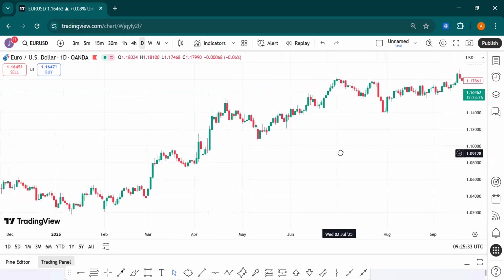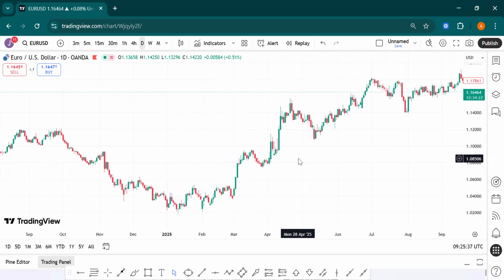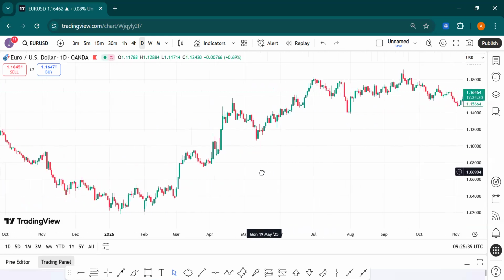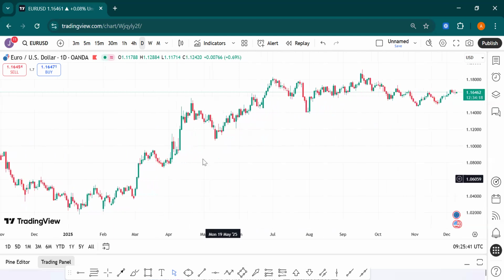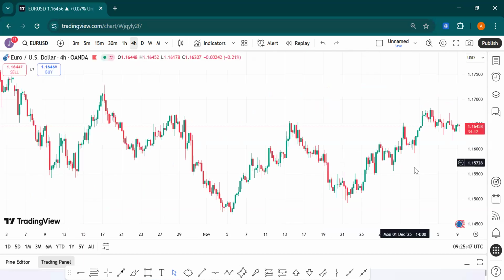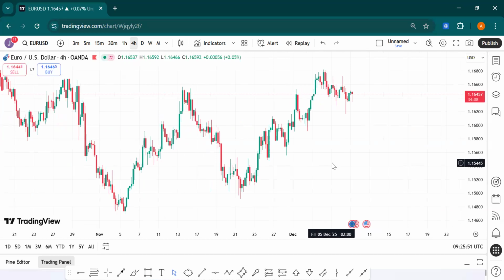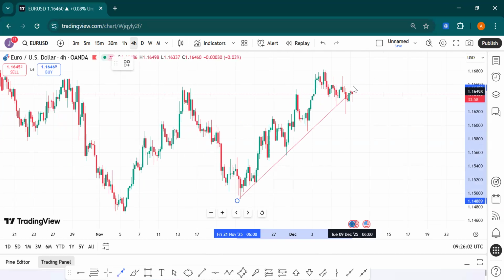So back to what we just talked about. We're going to look at examples of higher highs and higher lows. This is Euro USD. Let me do this on the 4-hour time frame. Okay. So now this is Euro USD. From what we just talked about, if I take this trend line, you can easily see that this is what kind of market?